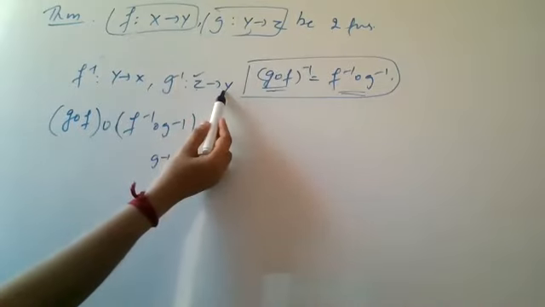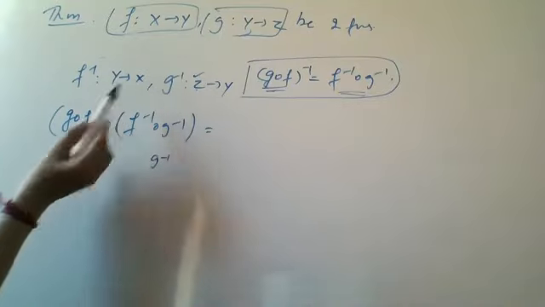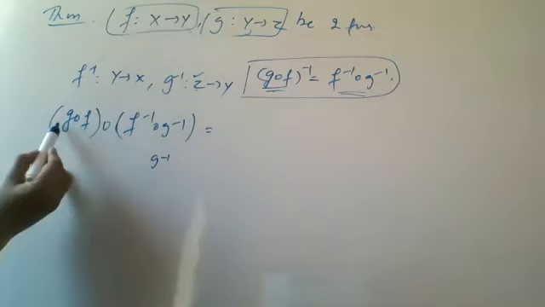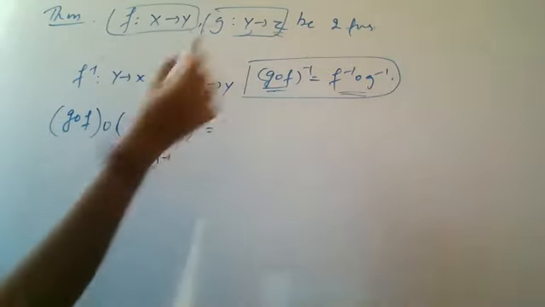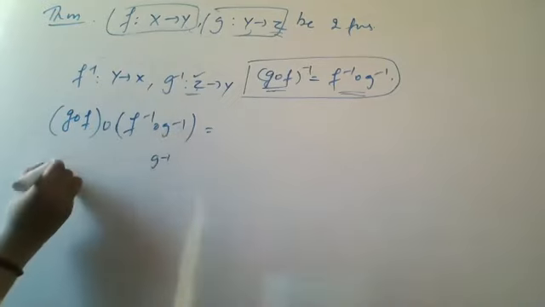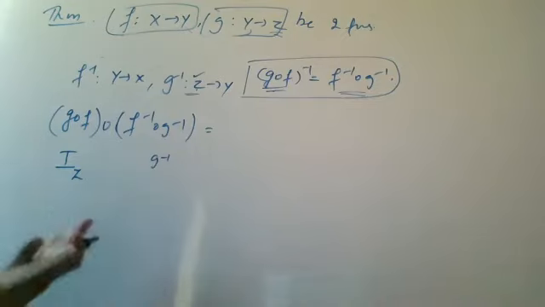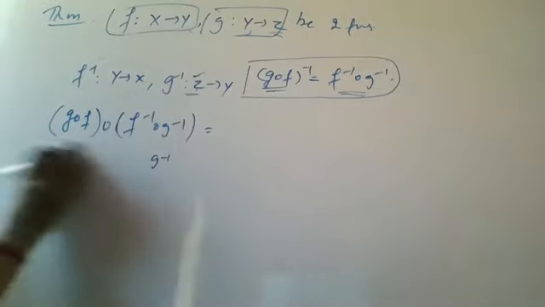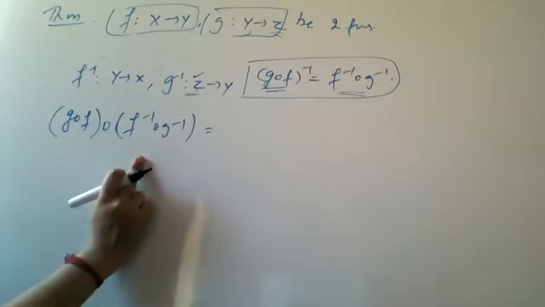Z से वो पहले Y पहुंचेगा, फिर वो F inverse आप अप्लाई करोगे, Y से फिर X पहुंचेगा, then you will apply F, F is from X to Y, then you will apply G, which will be from Y to Z. That means it is starting from Z and reaching Z. So I will get actually the composition as I suffix Z, from Z to Z. Z आएगा, ठीक है? अगर मैंने this composition this लिया होता, then the suffix of I will be different. That I will show you later. First we will start this. So you understood why we are taking this?